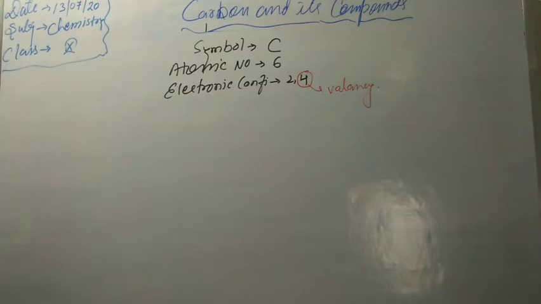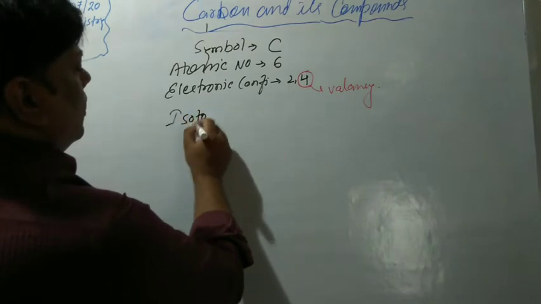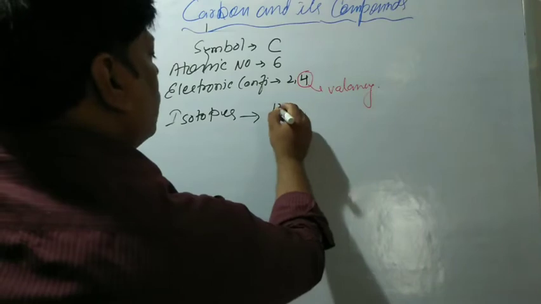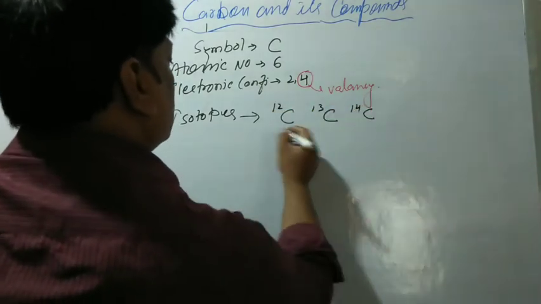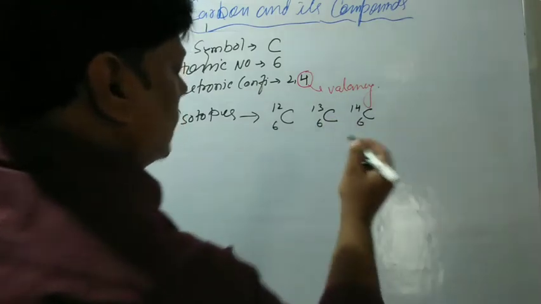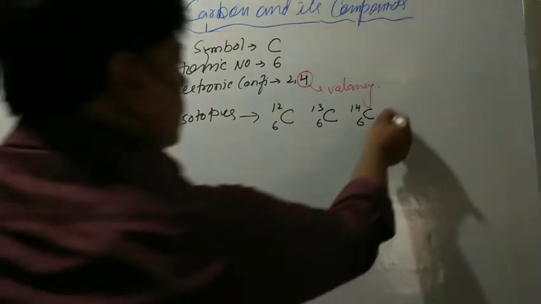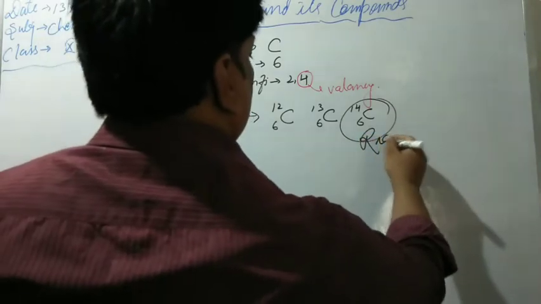There are 3 isotopes of carbon: carbon 12, carbon 13 and carbon 14. The atomic number is 6 for all. The third one, carbon 14, is a radioactive element.